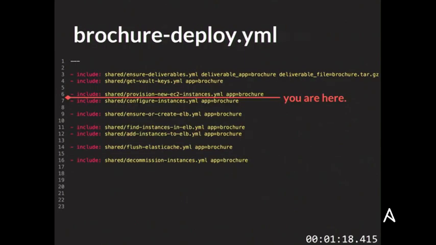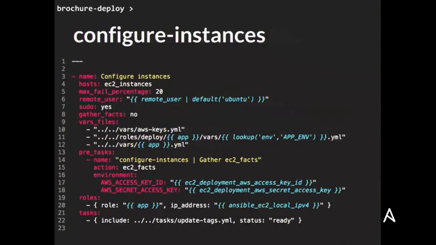OK, so we've now provisioned new EC2 instances. Great. We now want to configure those instances, right? So all this is going to do is go find the EC2 instances that we just spun up via this host group, and then we're going to set some facts about them. We're going to apply a role, and here this is templatized against an app name.